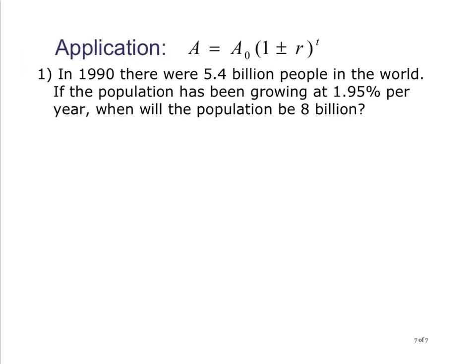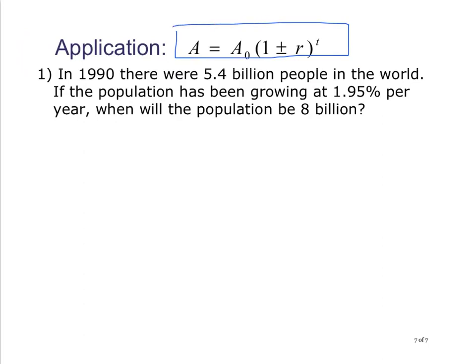Okay, so in 1990, there were 5.4 billion people in the world. If the population has been growing at 1.95% per year, when will the population be 8 billion? So we know we're going to use this equation because it didn't talk anything about compounded.